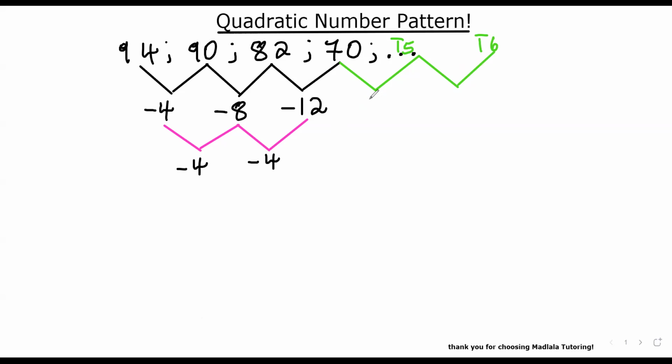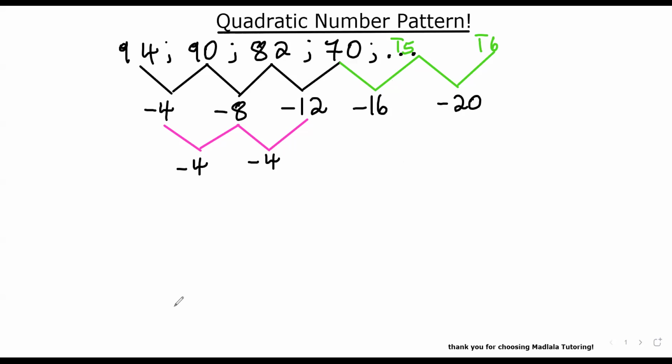Now, in order for us to get a term that is here, we need to use the linear pattern. So how do we use it? If you say negative 12 plus negative 4, you simply get negative 16. And here you get negative 20. Are you there with me? So in order to get term number 5, you take 70 and add negative 16.